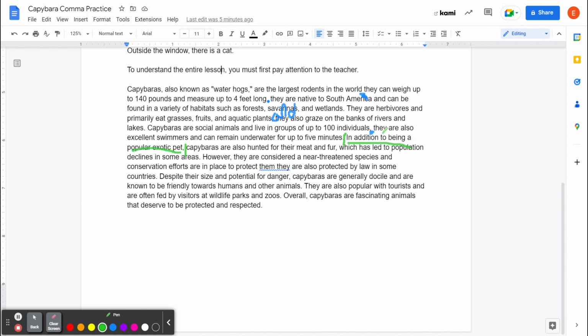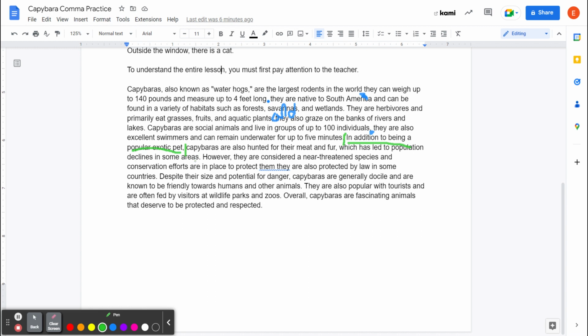The thing about introductory phrases is I don't need them for the sentence to grammatically make sense. I can cut them out and the sentence will be fine. So I don't need it, but because I have it, I have to put a comma here. Capybaras are also hunted for their meat and fur, which has led to population declines in some areas.